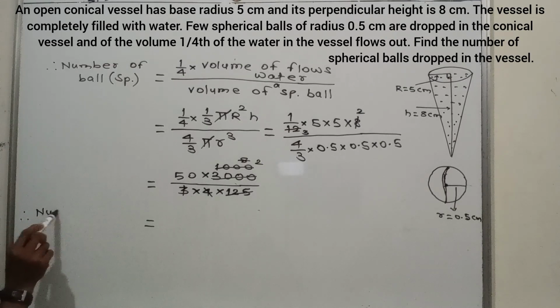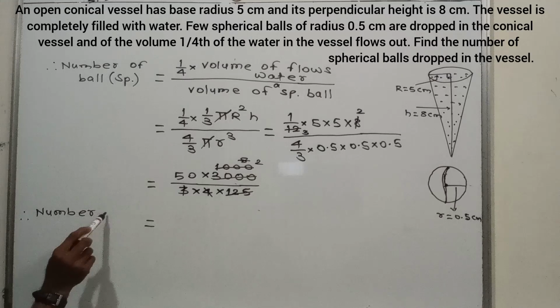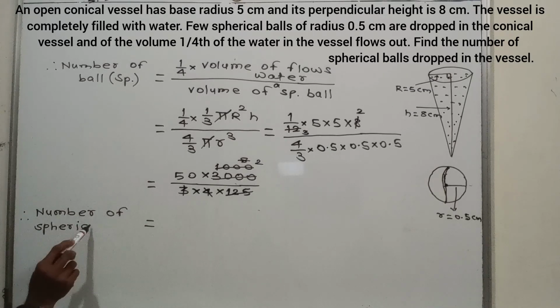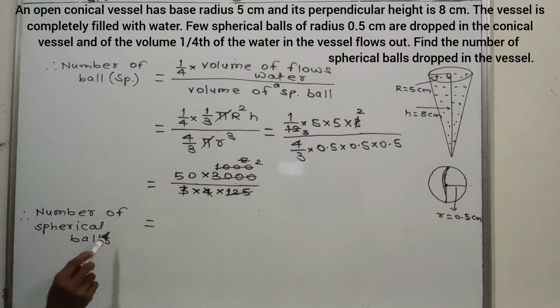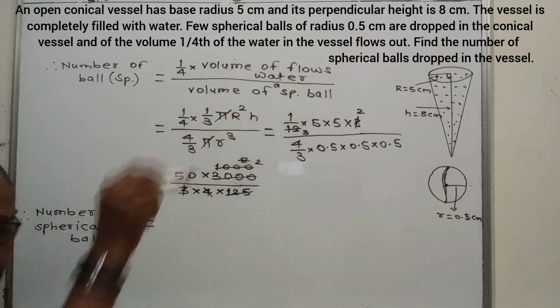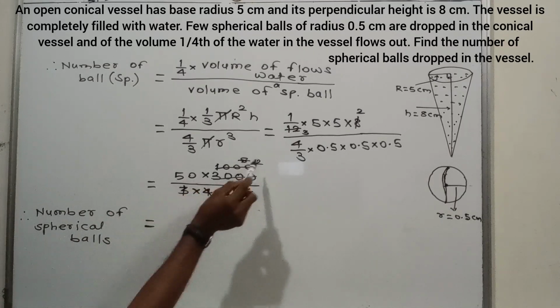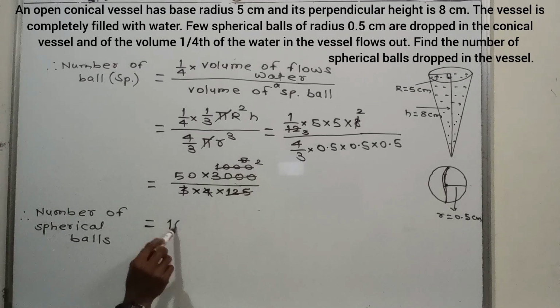Therefore, number of spherical balls added in the conical vessel are, or here is equal to, see this, 50 into 2, 50 into 2 means 100.